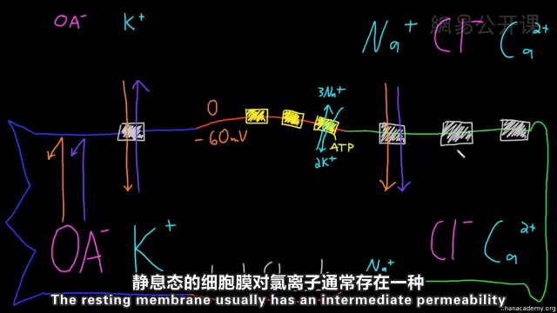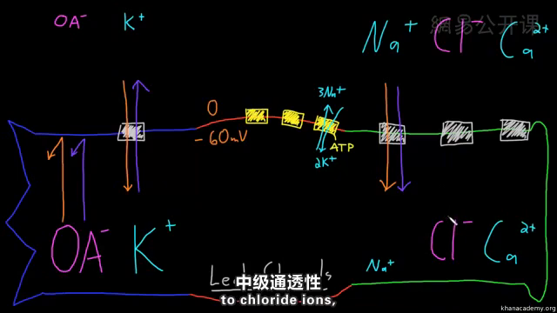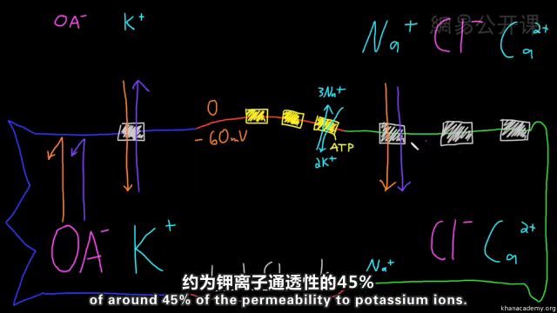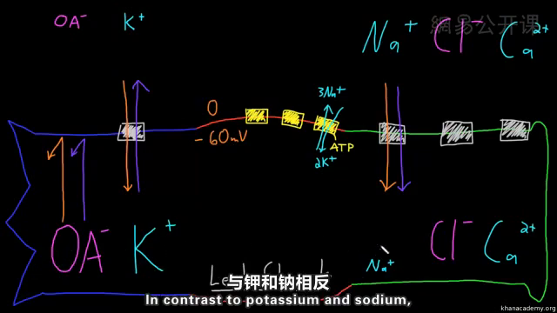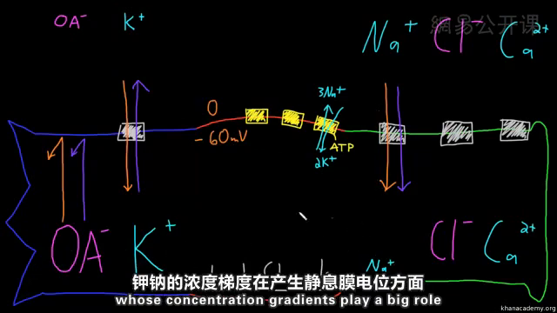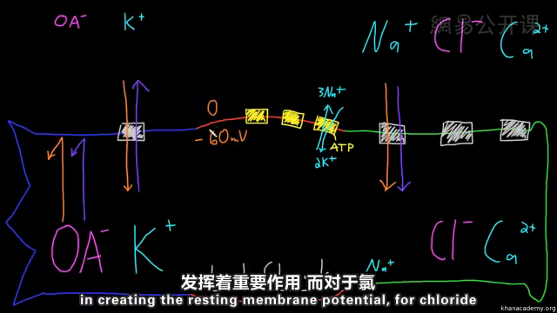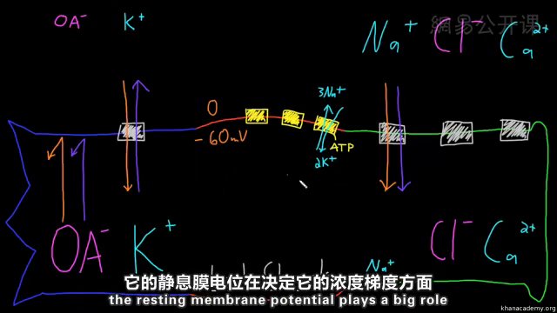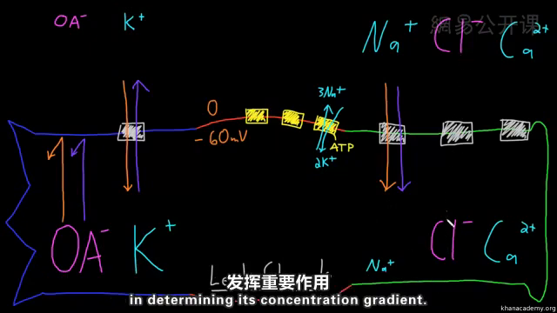The resting membrane usually has an intermediate permeability to chloride ions of around 45% of the permeability to potassium ions. In contrast to potassium and sodium, whose concentration gradients play a big role in creating the resting membrane potential, for chloride, the resting membrane potential plays a big role in determining its concentration gradient.